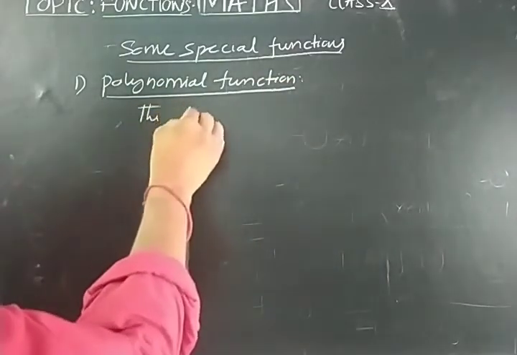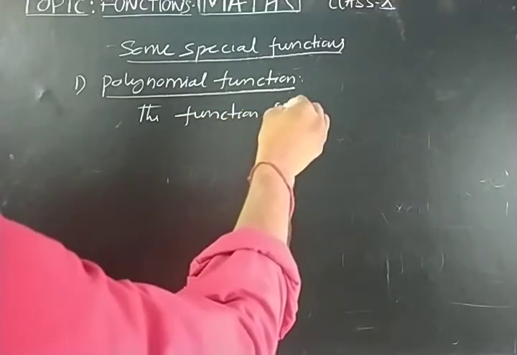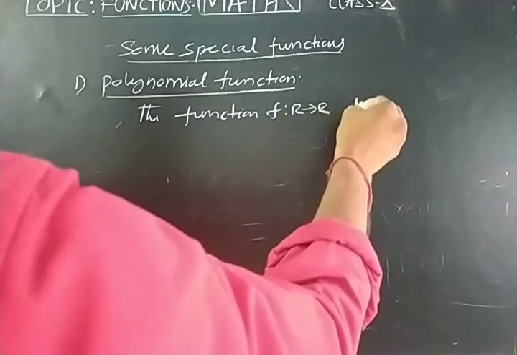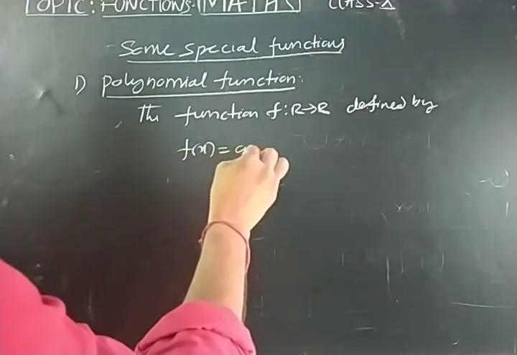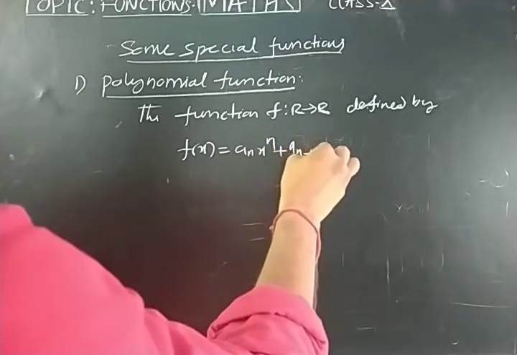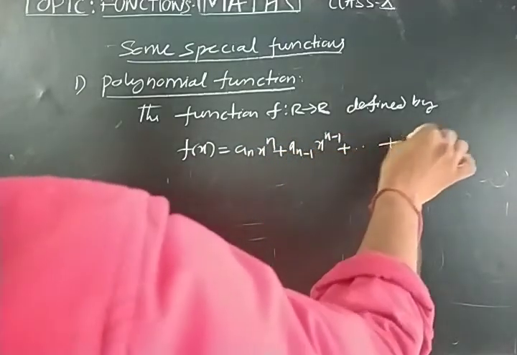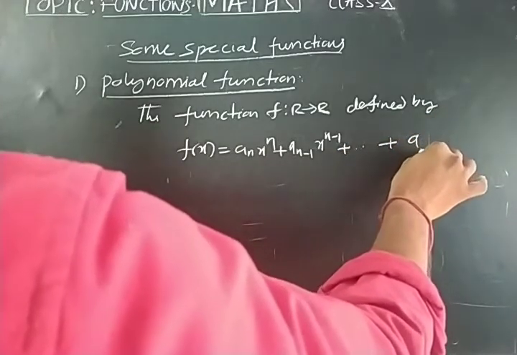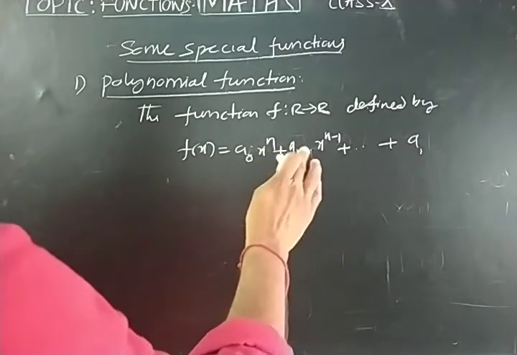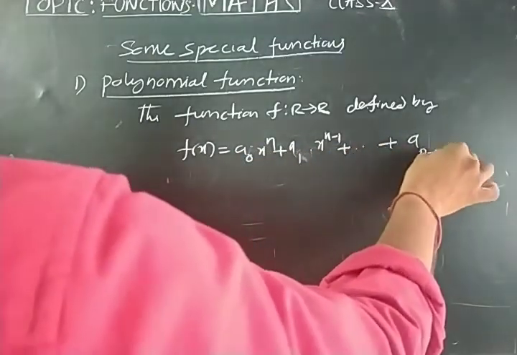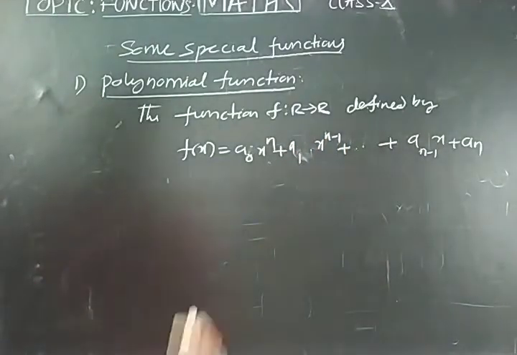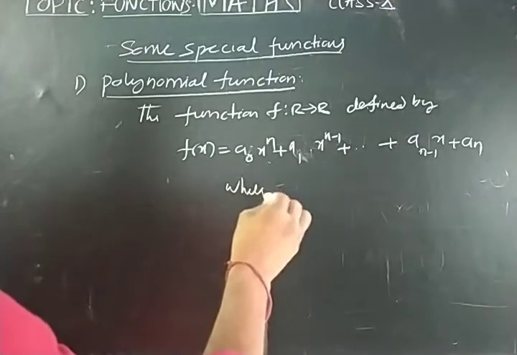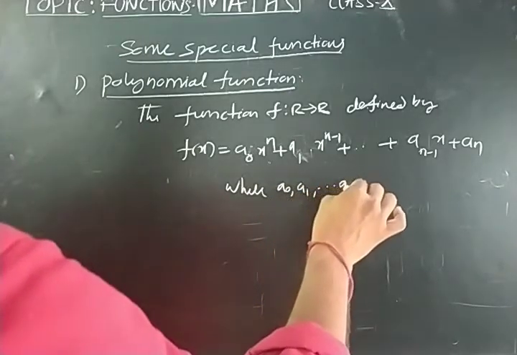The function f from R to R defined by f of x is equal to a naught x power n plus a1 x power n minus 1, plus so on, up to a n minus 1 into x plus a n, where a naught is the coefficient of x power n, a1 is the coefficient of x power n minus 1, and a naught to a n are all real numbers, which are constants.